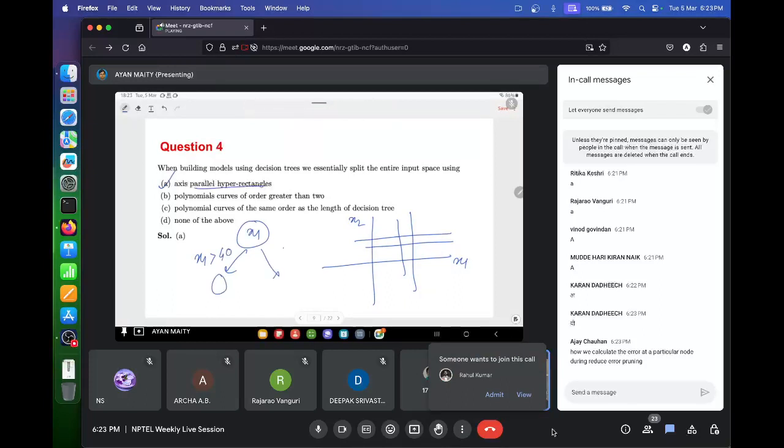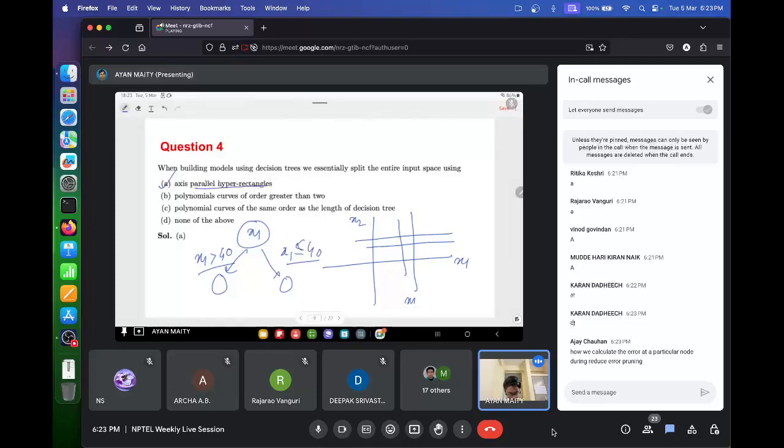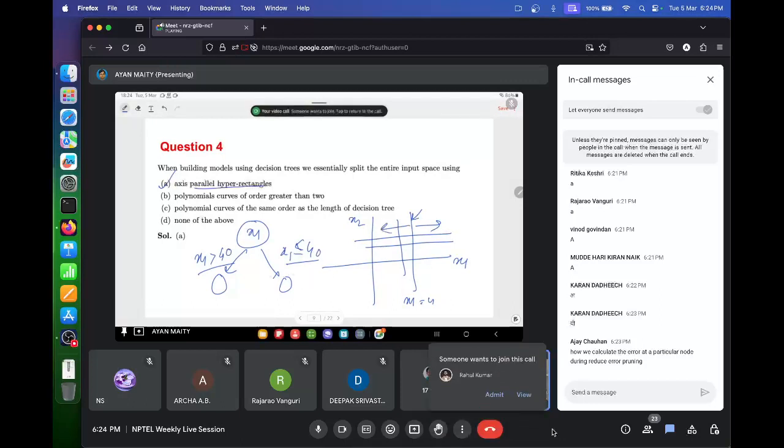If it is less than or equal to 40, you go to this node. So at x1 equals 40, you are drawing this straight line, and this region goes to the left subtree and this region goes to the right subtree. This way you are creating blocks of rectangles, and each region represents one leaf at the end of the decision tree.